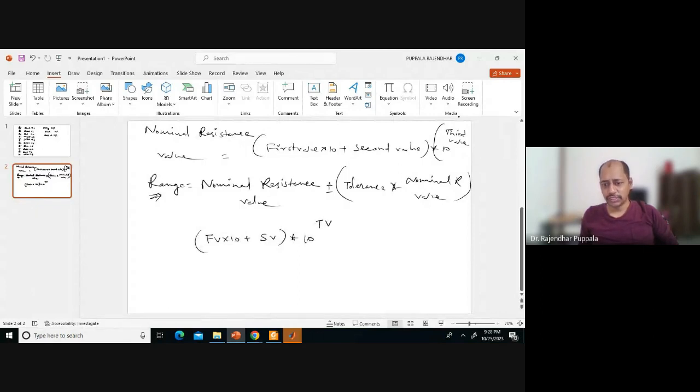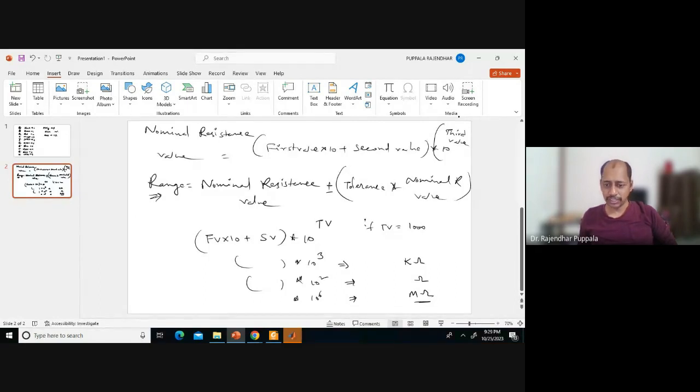If the third value is equal to 1000, what do you get, sir? Here 10 cube into something here. So you can write it in terms of kilo ohm, right? Kilo ohm. But if it is less than 3, you can write 10 square, meaning you can write it in ohms only. But if it is up to 6 here, what can you write? Mega ohm. If it is 6 here, you can write it in mega ohms.